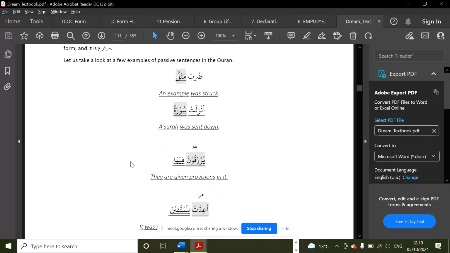Here we need to be very careful, because passives are used many times in the Quran, and if you're not clear on identifying the passive from the active fail, then you can make a mistake in translating it, and the whole meaning and scenario changes. So you have to be very careful in identifying your mabni lil majhuls. Please do the lesson one.